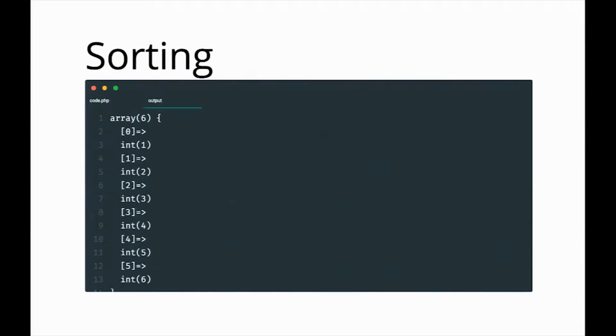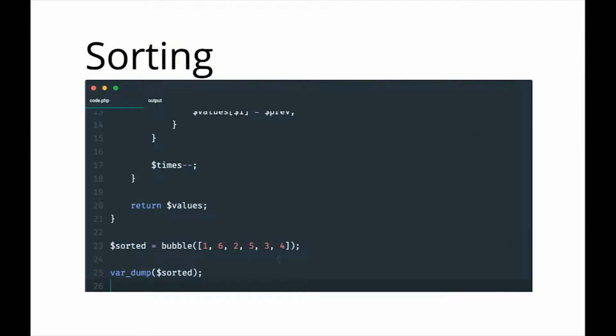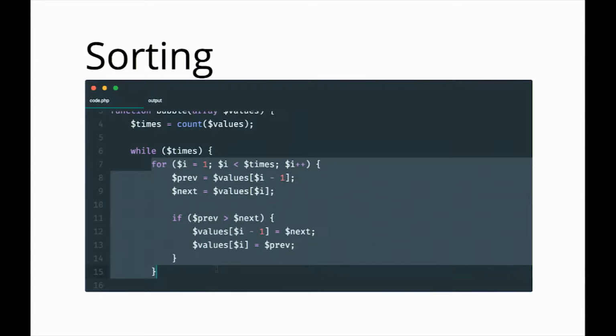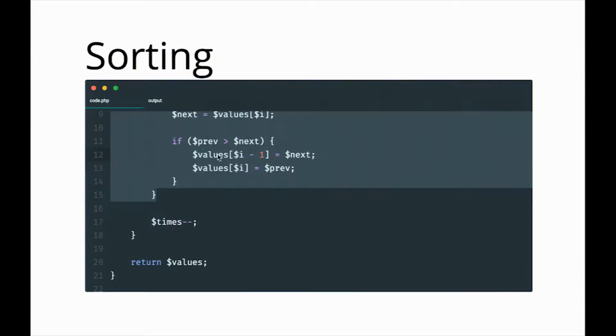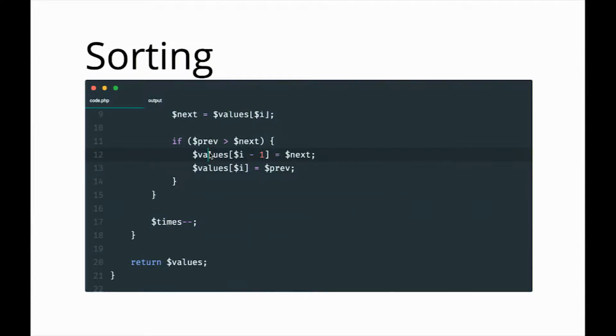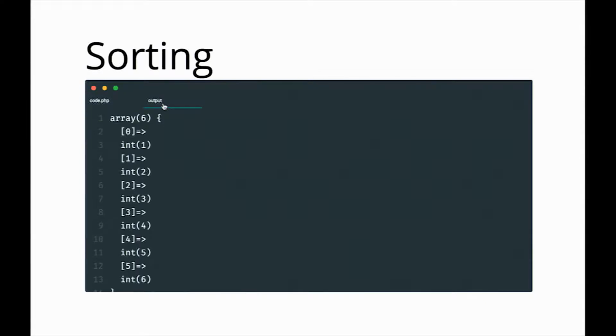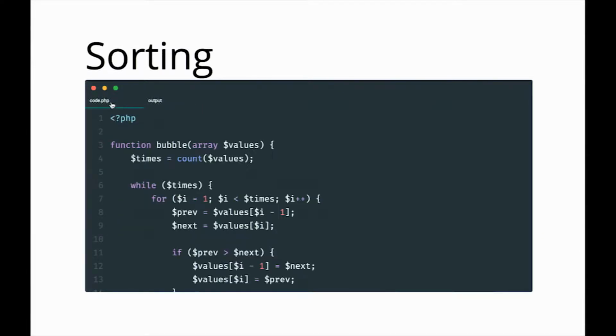So, what we've done is we've gotten the number of items in the array, and that many times we have gone through comparing each, modifying the input array, and right at the end, we return all the sorted values. And so though we start with 1, 6, 2, 5, 3, 4, what we get at the end is 1, 2, 3, 4, 5, 6. So our sorting function works.